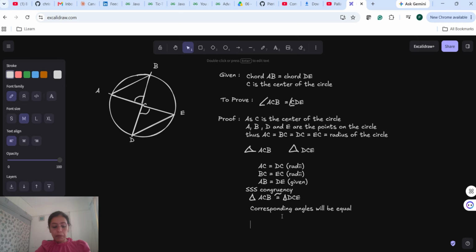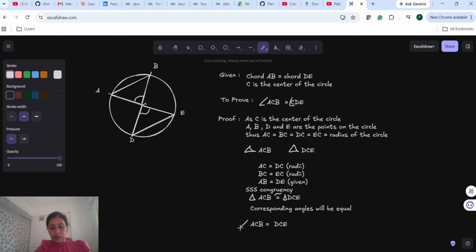So this will mean the angle ACB will be equal to angle DCE, right? These are the two angles. What is the angle ACB? This is the one. What is the angle DCE? This is the one, right?